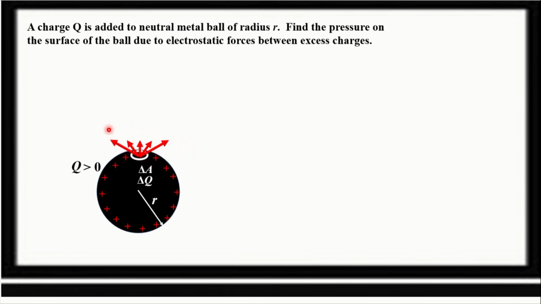The net force on this small area is the force which is normal to the surface of the conductor, and this force is due to excess charges outside area delta A. The existence of this force is the reason for the appearance of pressure on the surface due to excess charges.